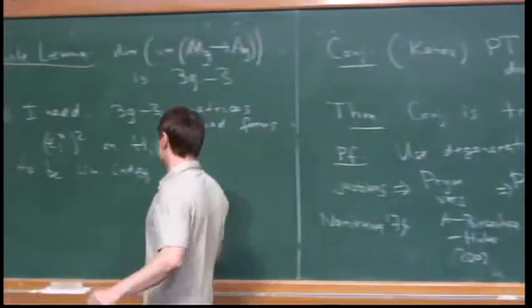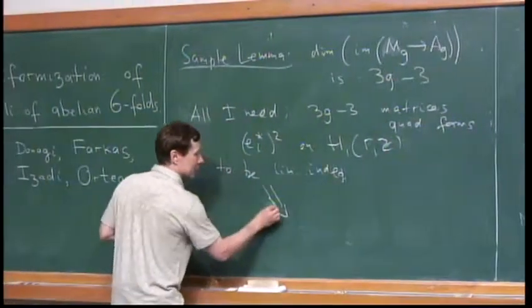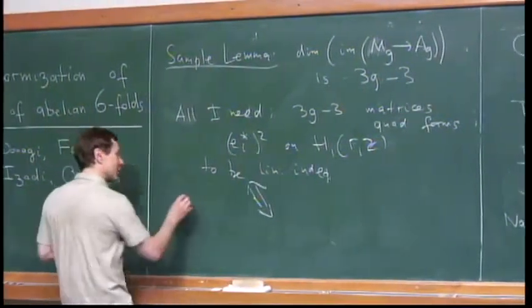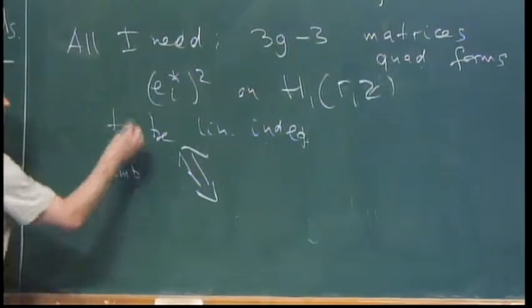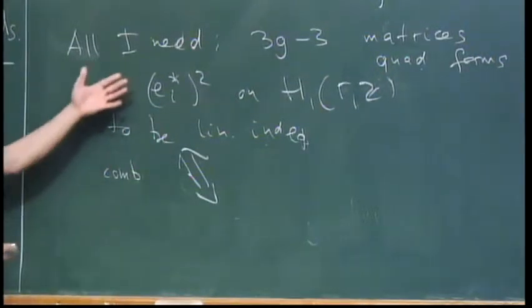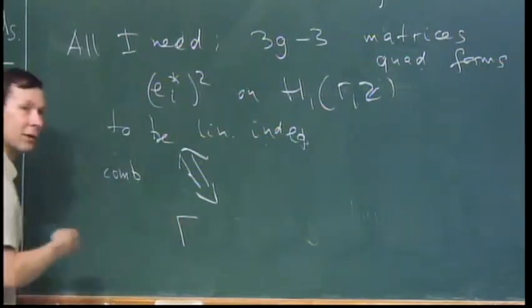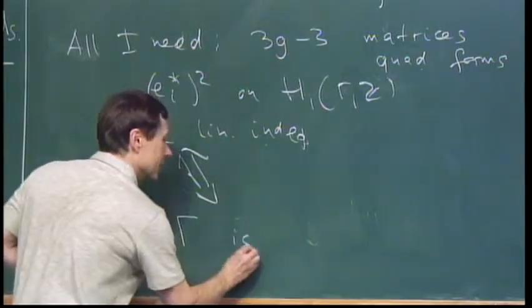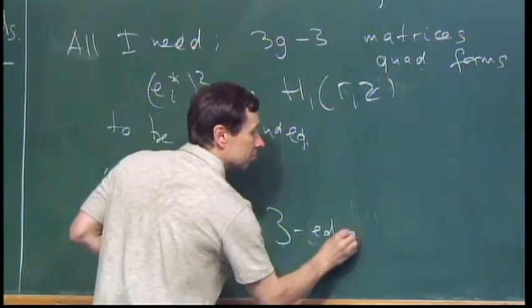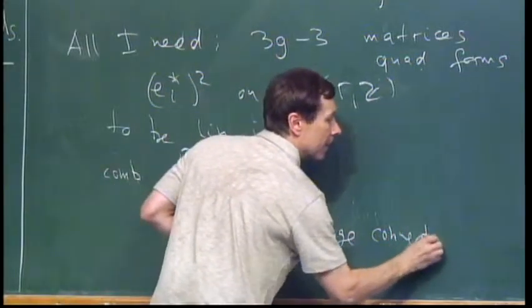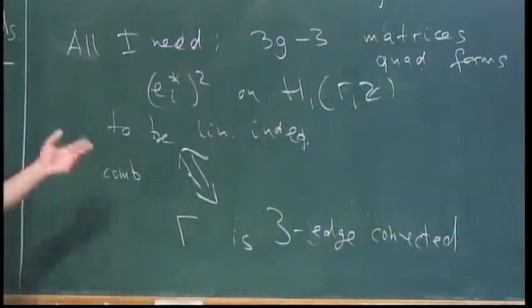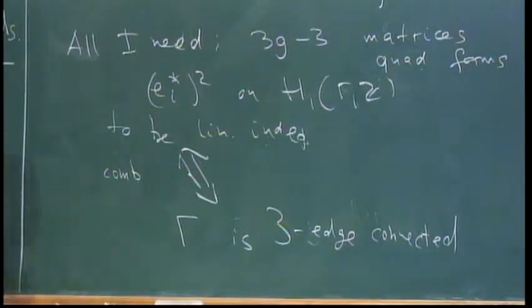And by some combinatorics, you can prove that this is a statement about graphs, right? So you can prove that this is equivalent to saying that this graph, gamma, is 3-edge connected. Maybe I'll tell you which graphs are not edge connected.